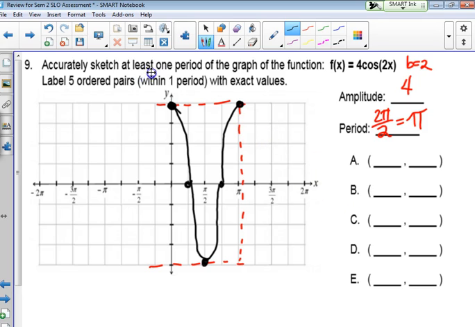It says at least one period. If you want to draw more, you can. But I want 5 ordered pairs from within one period. So who can give me one? 0, 4. Halfway to pi over 2 is pi over 4. Everybody okay with that one? Pi over 2, -4.